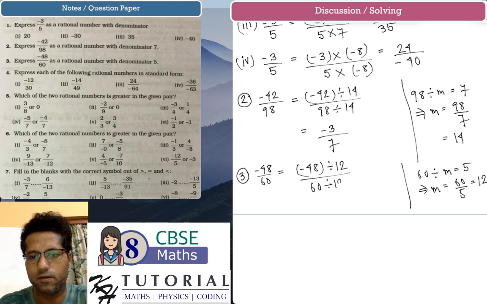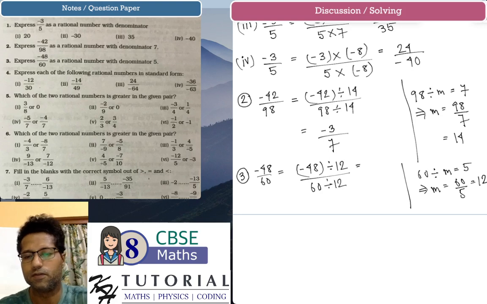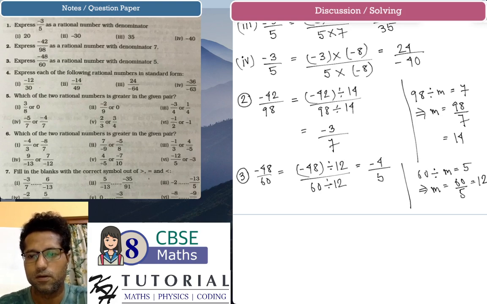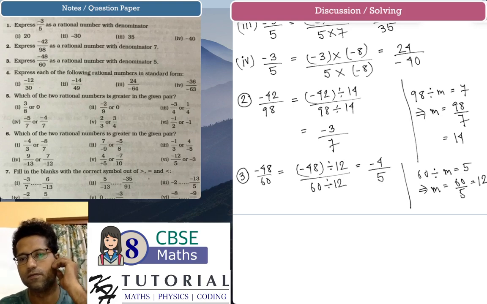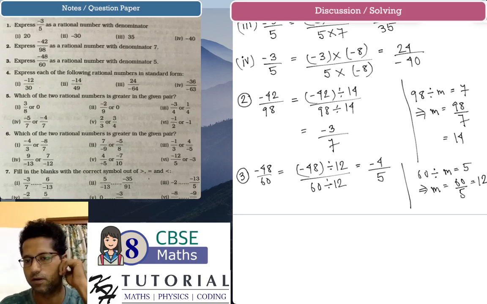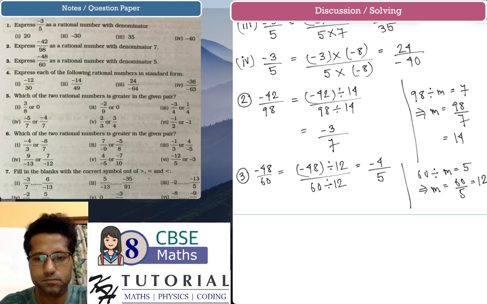So minus 48 divided by 12 is minus 4, and 60 divided by 12 is 5. So the rational number is minus 4 by 5, which has a denominator 5 and which is equivalent to the rational number minus 48 by 60. Okay. Problem number 4.